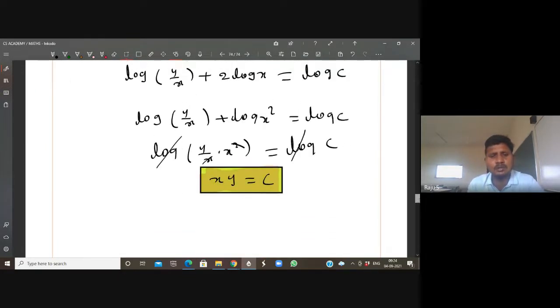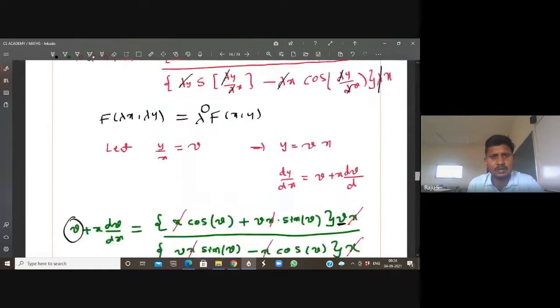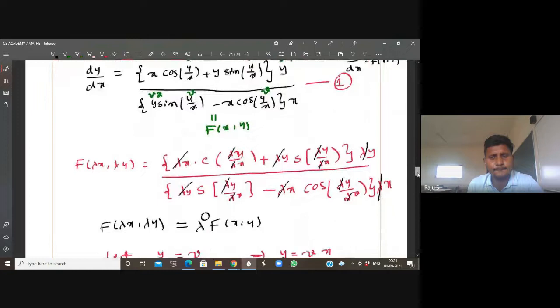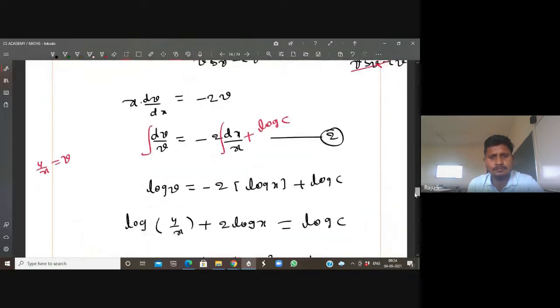Once look at the book back answer, students, what is the answer they have given?